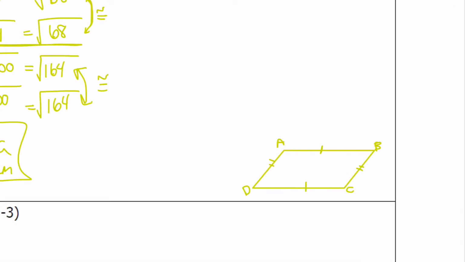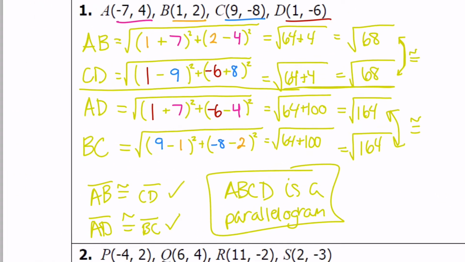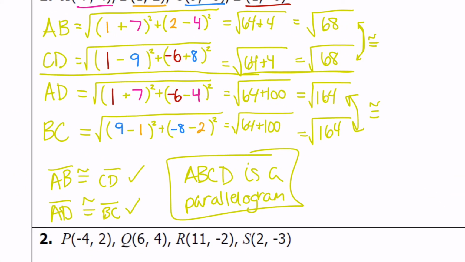So we just proved that AB and CD are congruent, and AD and BC are congruent. That's what we did up here. And because that is true, that makes this shape ABCD a parallelogram.